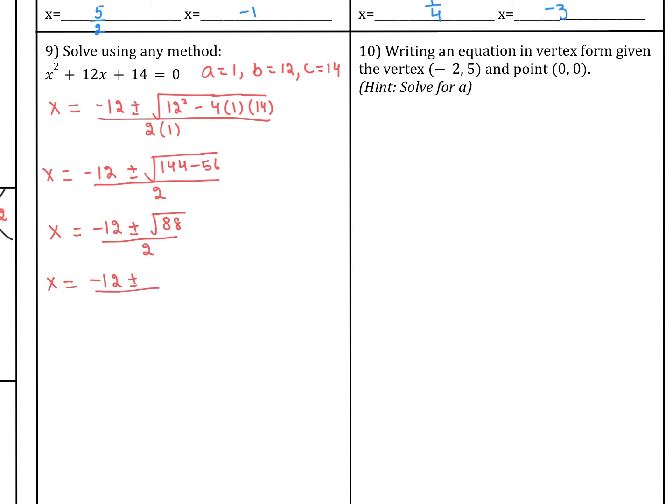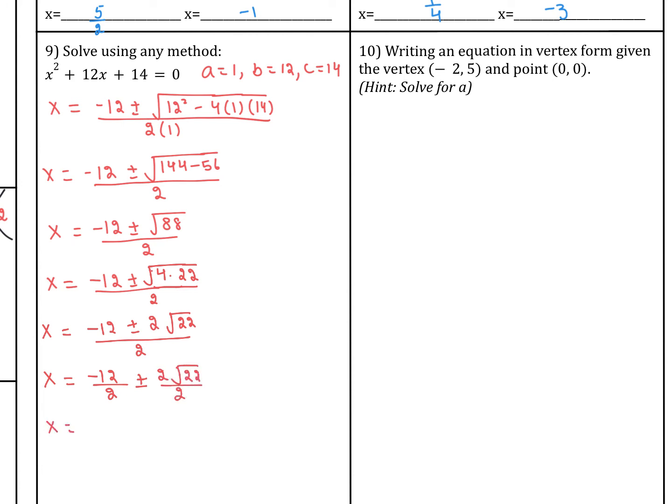We can break 88 as 4 times 22, and after that the square root of 4 is 2, that comes out, and then you're going to separate them so that you can simplify it even further.